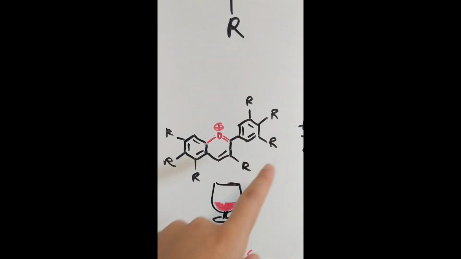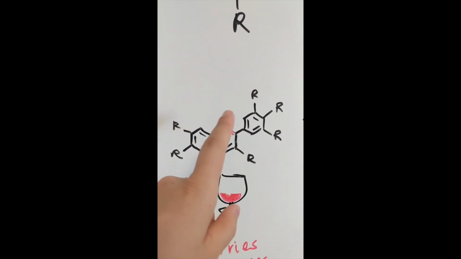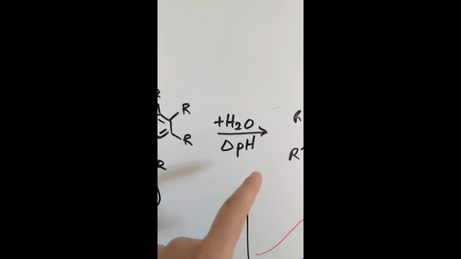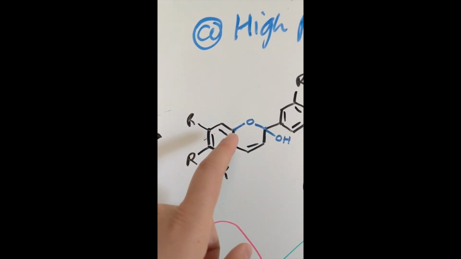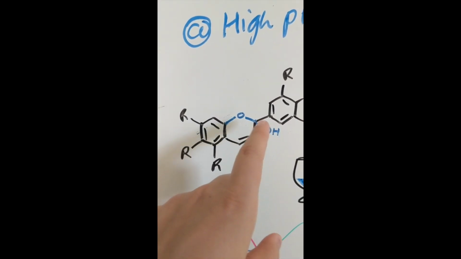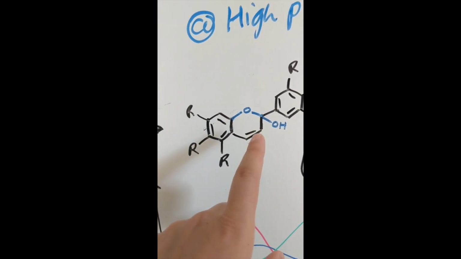So this is our anthocyanin at very low pH, where we have that double bond to oxygen with a positive charge. And then as we add water and we change the pH from a low pH to a high pH, then for a lot of the molecules in solution, we start to add hydroxide to that bond, which then decreases the amount of conjugation we have in this unit here.